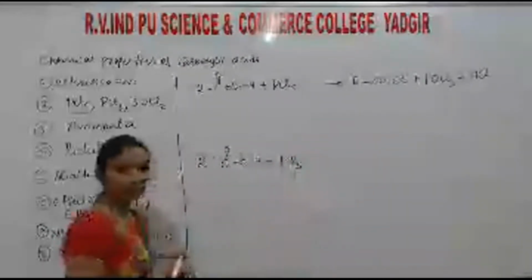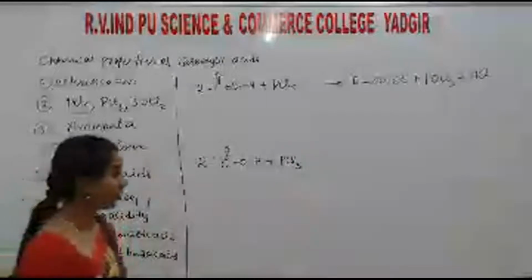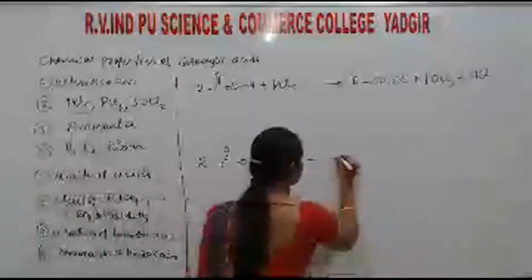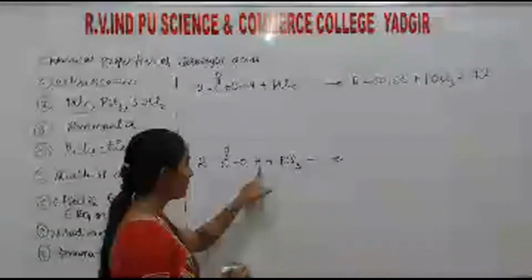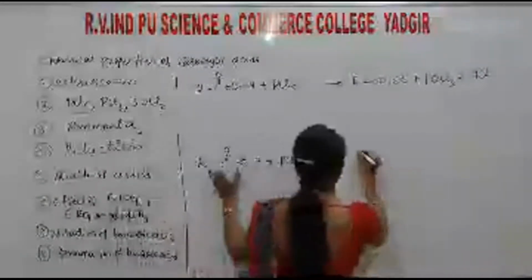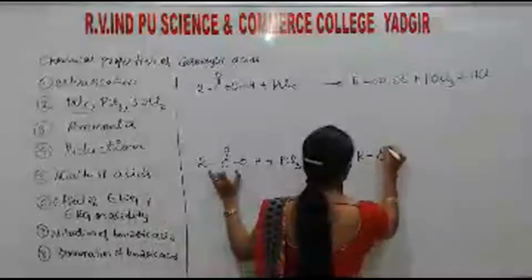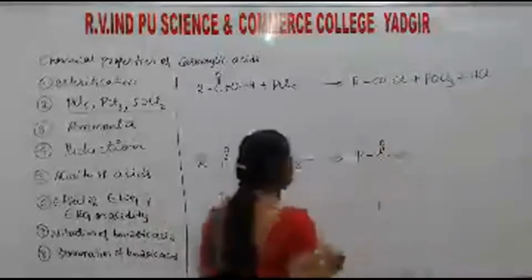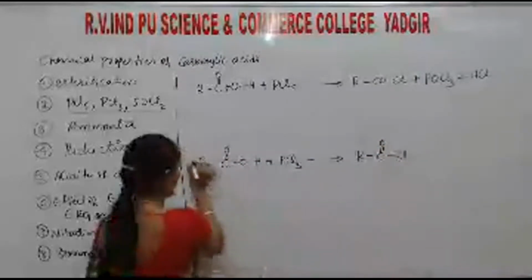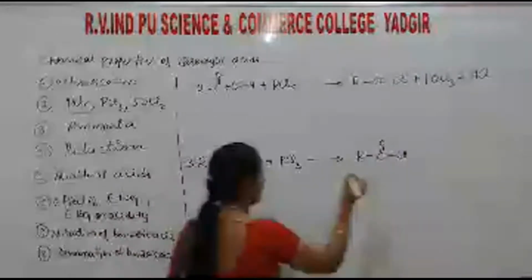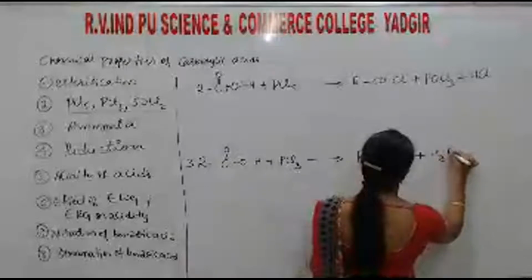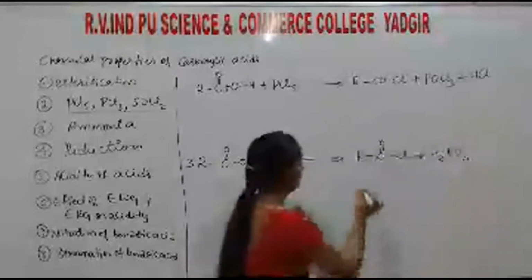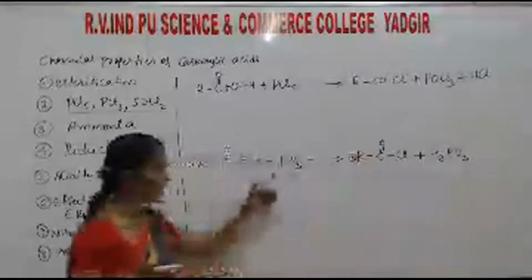PCl3, okay, they form, so listen here, 3 moles of RCOOH giving 3 moles of RCOCl, RC double bond O Cl, same, plus 1 mole of H3PO3. This is balanced.